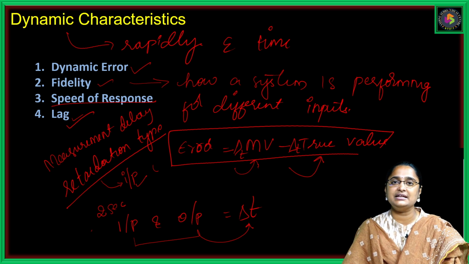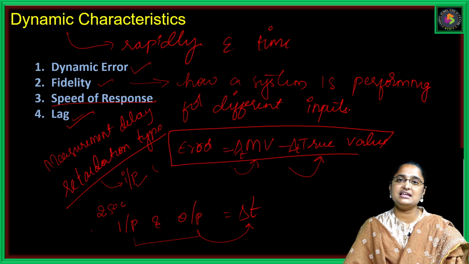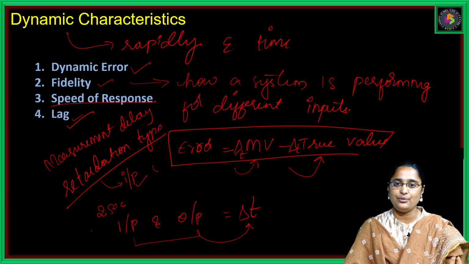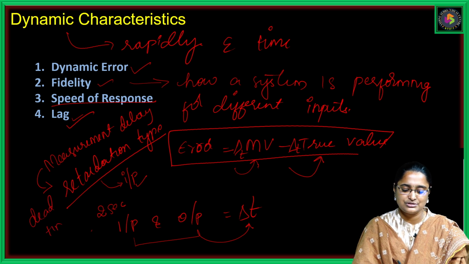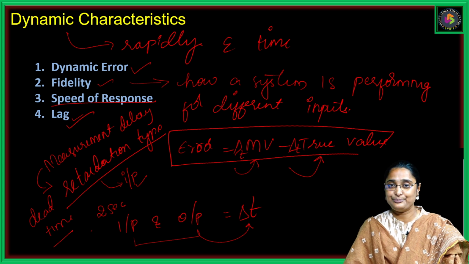Now measurement delay. Measurement delay is nothing but a dead time between the output changing when the input is changed. So your system will not respond as soon as the input is changed.